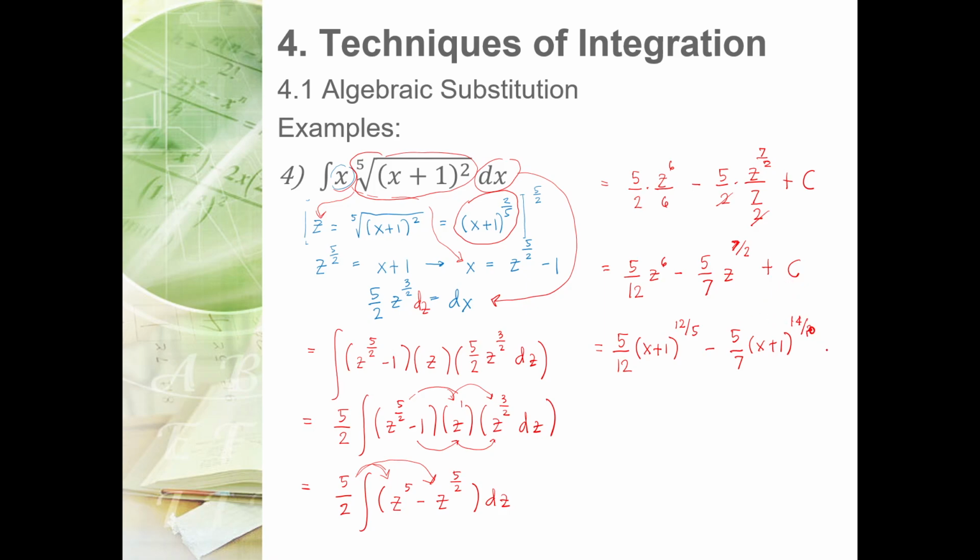Plus C. So 7 over 10, this would give us a simplified version of 7 fifths, right? So 5 over 12 times x plus 1 to the 12 over 5, minus 5 over 7 times x plus 1. Since everything is divisible by 2, it is 7 fifths plus C. So this would be your final answer.